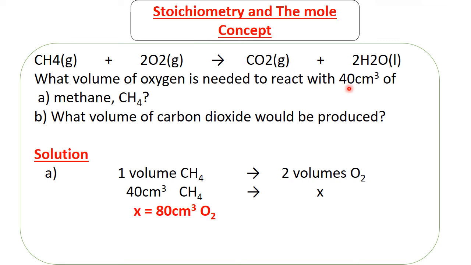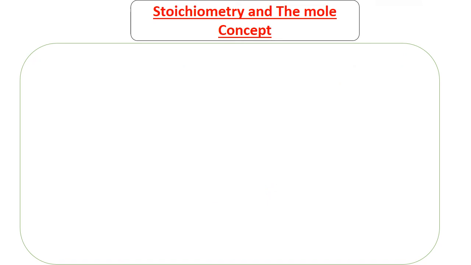So 40 centimeter cubed of methane is going to produce 40 centimeter cubed of carbon dioxide. But if you want, of course, you can solve, but you can tell here it's so direct.